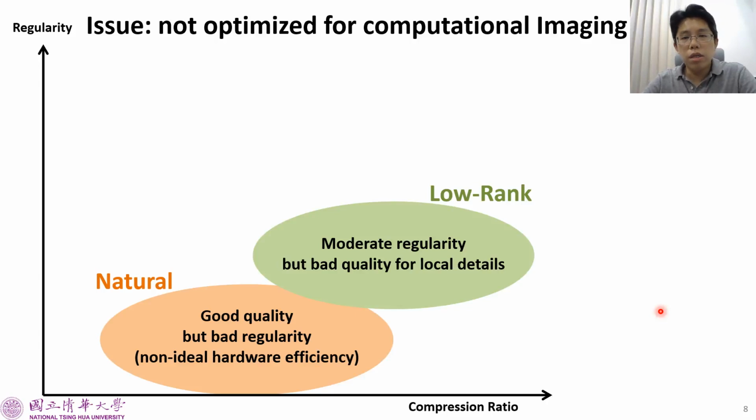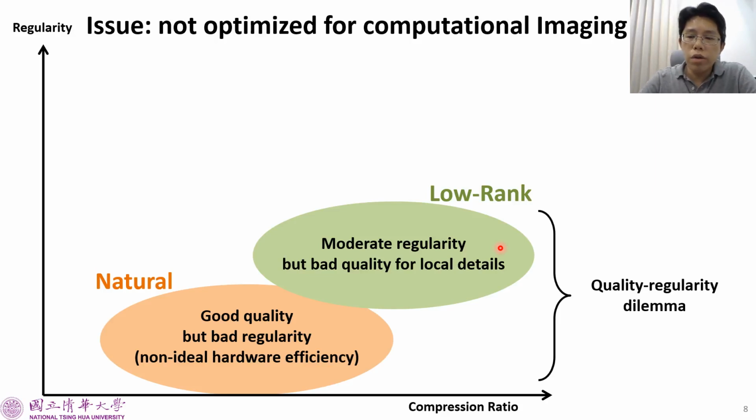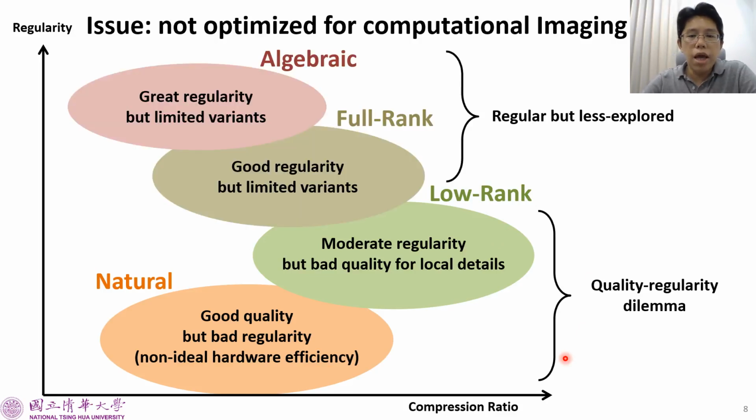For the low-rank sparsity, it has a better regularity, but with some experiments we find that the image degradation will be very serious when generating local details for computational imaging. And we have a quality regularity dilemma here. And for the algebraic and full rank sparsity, they are very regular, but we only have limited variants to choose from previous work.